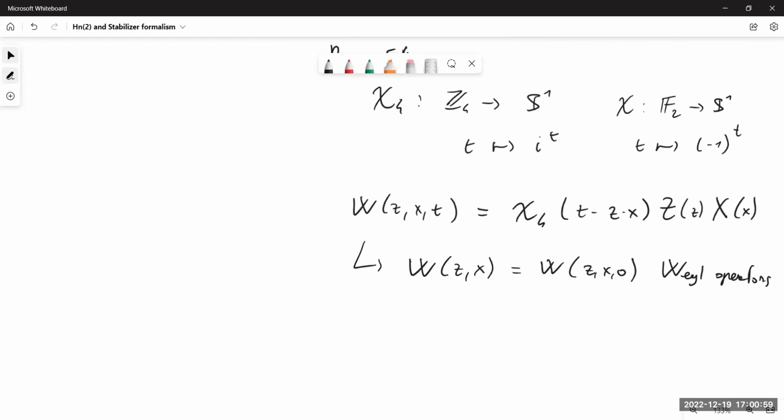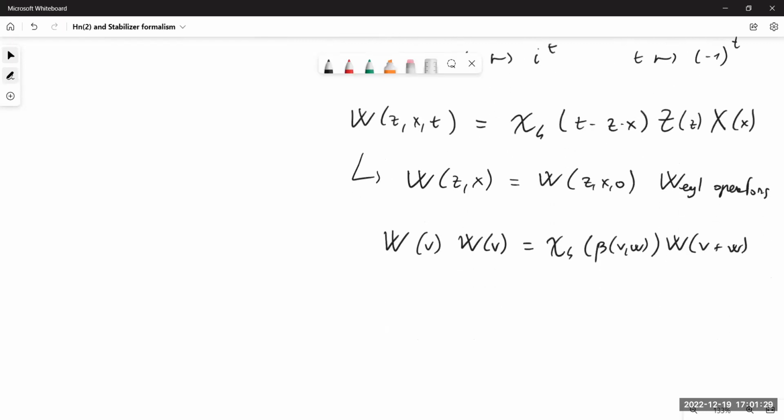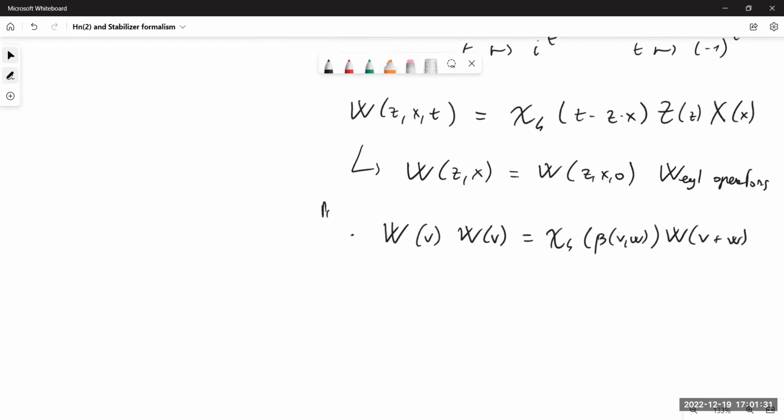Even for this case, you have similar relations for Weyl operators. First, they are a projective representation in the sense as in the case before. So here you have the character on Z4, and here you have the beta. Let's say these are properties.